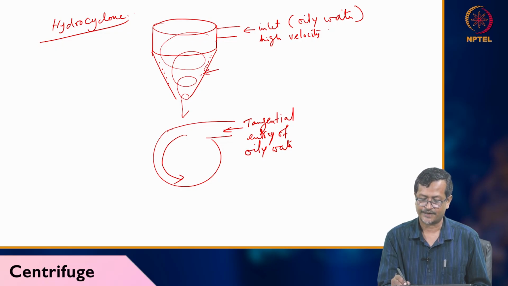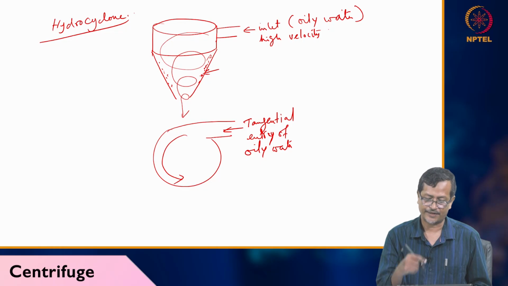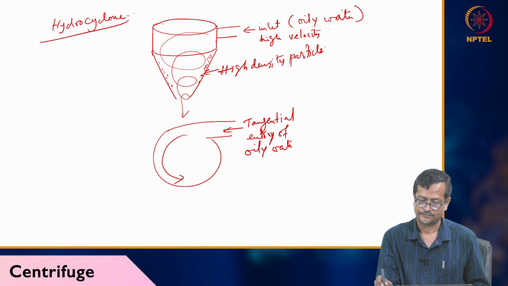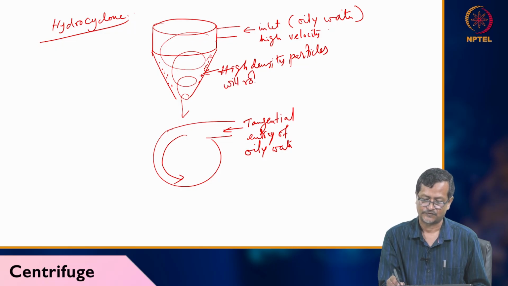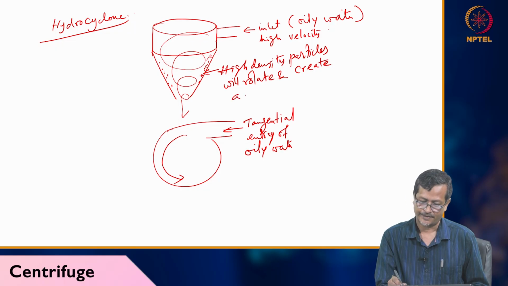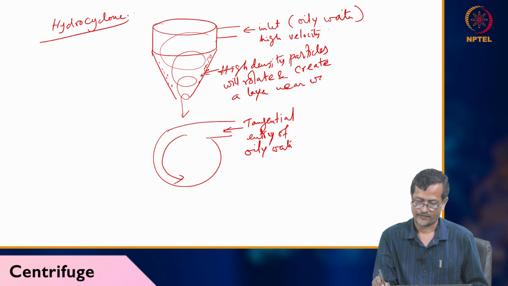So high density particle will create a layer here, rotating but near the wall of the hydrocyclone.